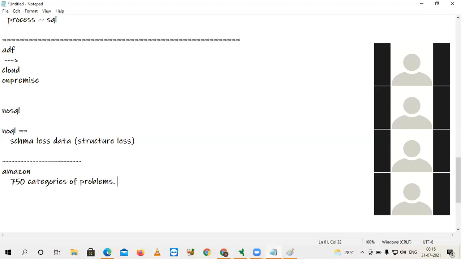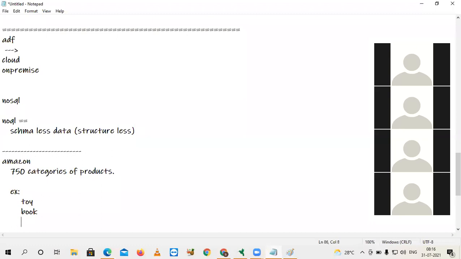Around 10 years back, Amazon was selling more than 750 categories of products. Among them, one of the categories is toy. Another category is book. Another category may be computers, computer peripherals like this. In this way, Amazon is selling 750 categories.